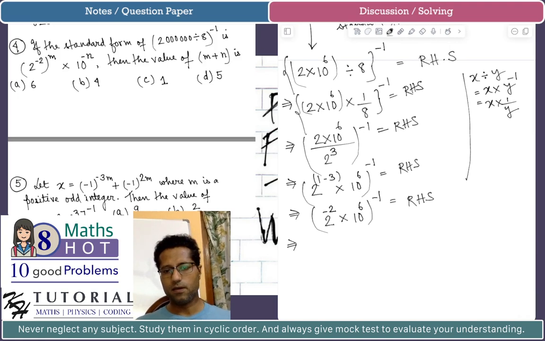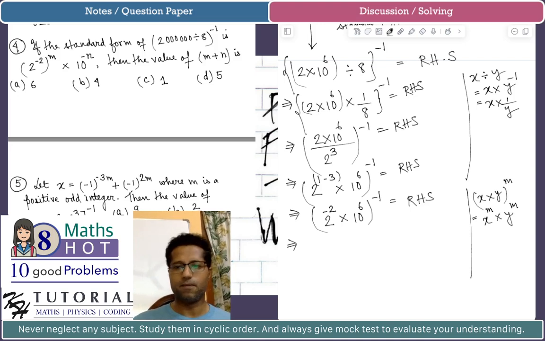We know that x multiplied by y, whole to the power m, can be written as x to the power m multiplied by y to the power m. Applying this, we get 2 raised to the power minus 2 raised to the power minus 1, multiplied by 10 to the power 6 raised to the power minus 1, equals RHS.